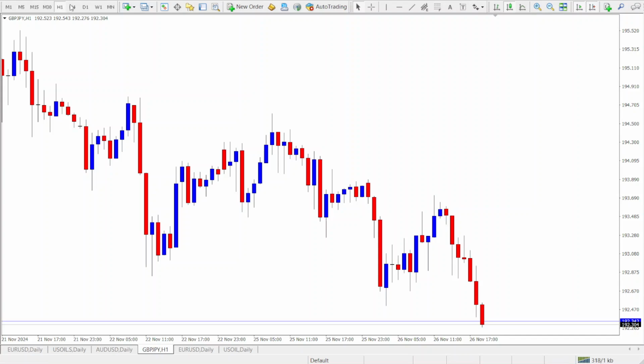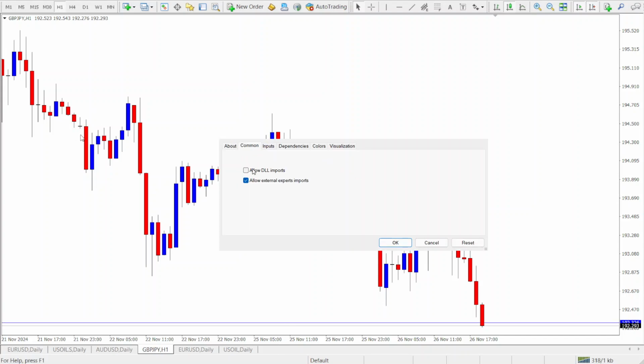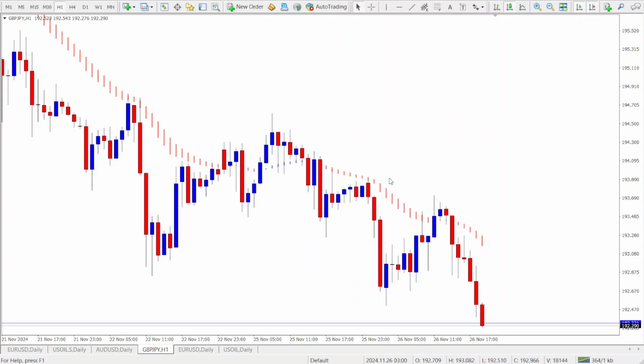Okay, it's a custom indicator, so you have to download it externally, and after doing that, you will need to add it to your indicators library for your MetaTrader terminal before you will be able to use it on your chart. Okay, so the Trend Lord NRP indicator looks like this.